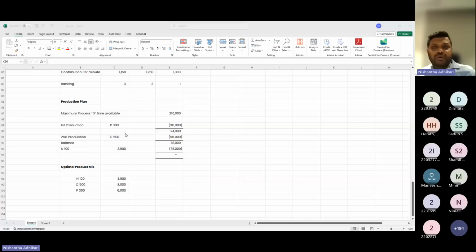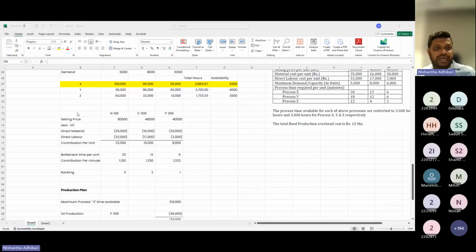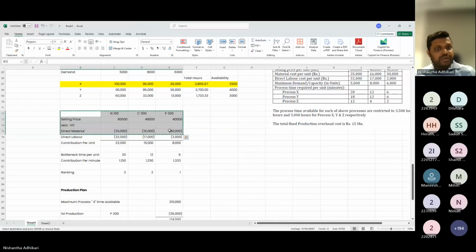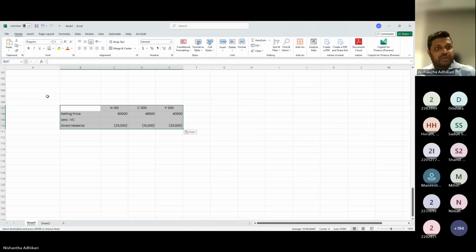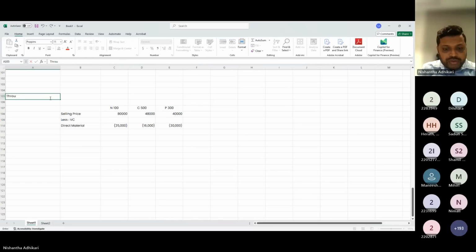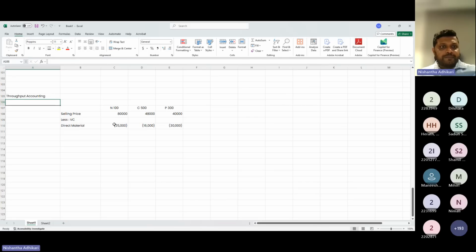Now, if we follow throughput accounting, how will it look? I will copy this information. Now we are going to work it out in throughput accounting. The only variable cost is direct material.